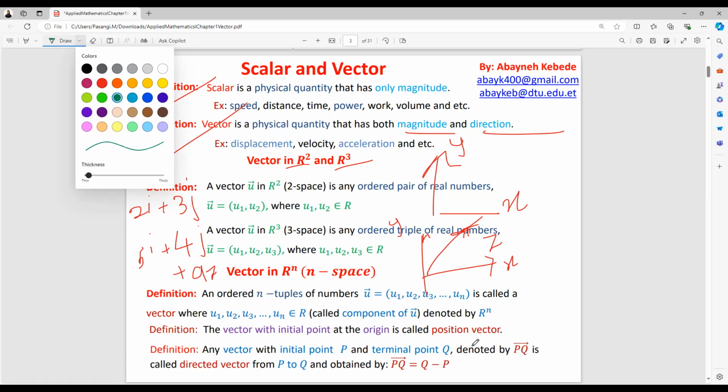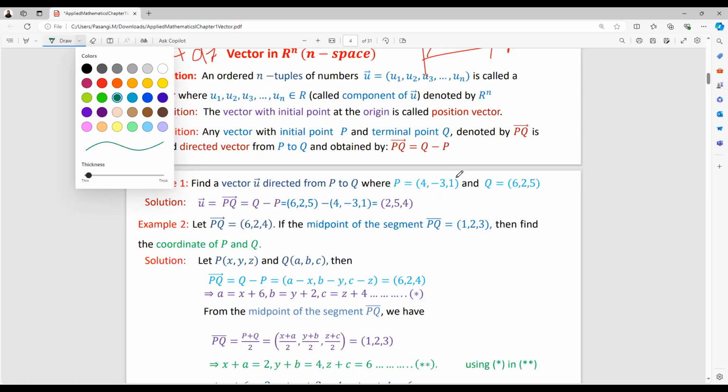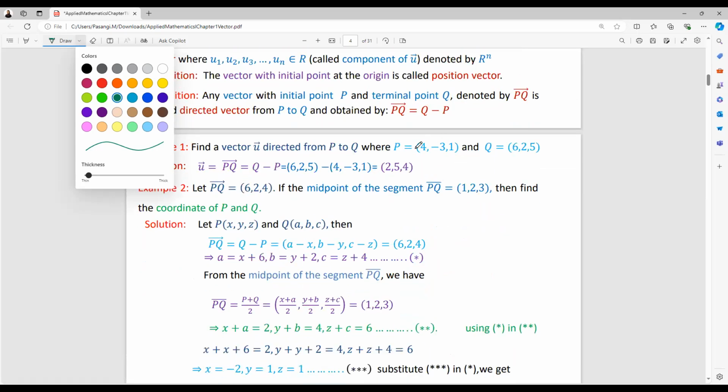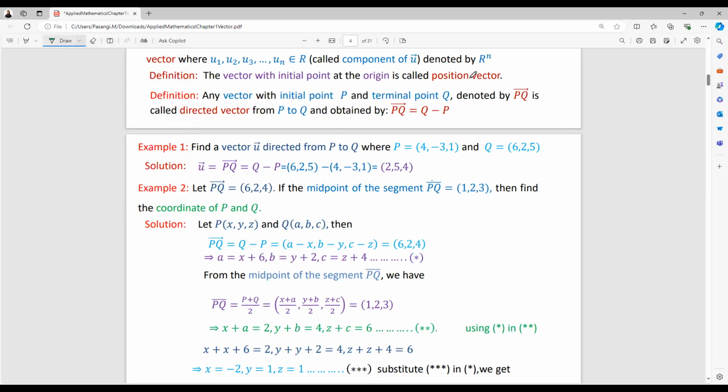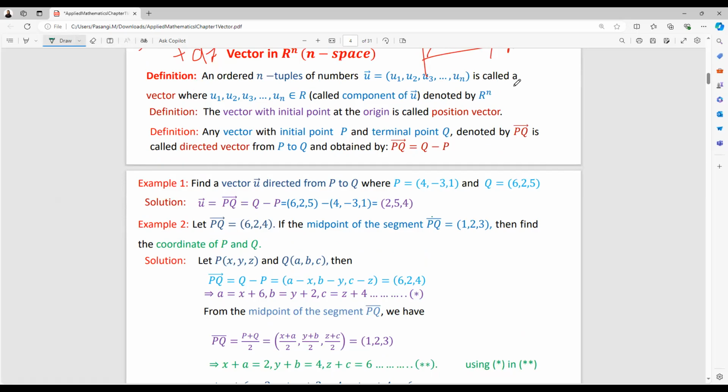Yes. Okay, now what will happen here? Definition: any vector with initial point P and terminal point Q. Up to this point, it's clear.